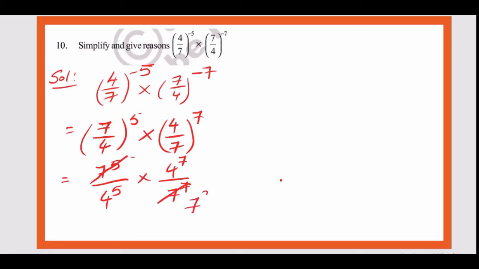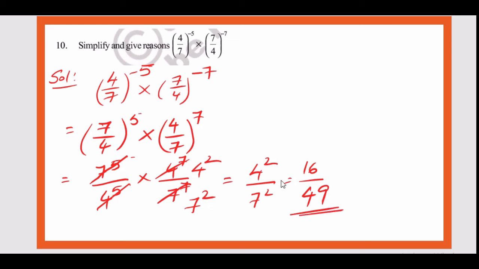So 7 square times I can cancel it. The same way here also, 4 power 5 in 4 power 7, 4 square times. So I can write it as 4 square by 7 square. So 4 square is 16, 7 square is 49. So the answer is 16 by 49.